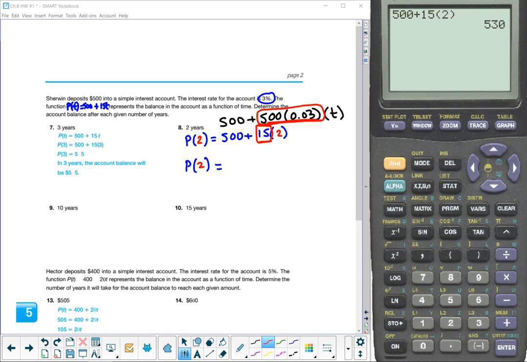That's all it is. And if I did the other side, 500 plus 500 times 0.03 times 2, you'll see that we get the same answer, 530. So the answer is the same. Don't think it's changed. And this is going to be $530.